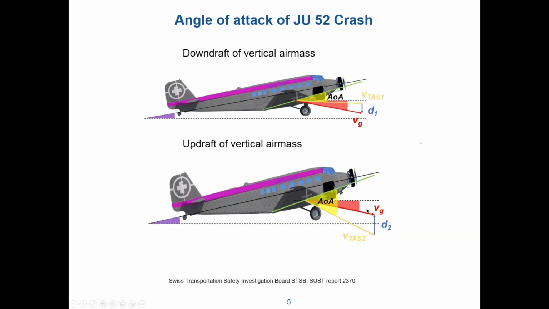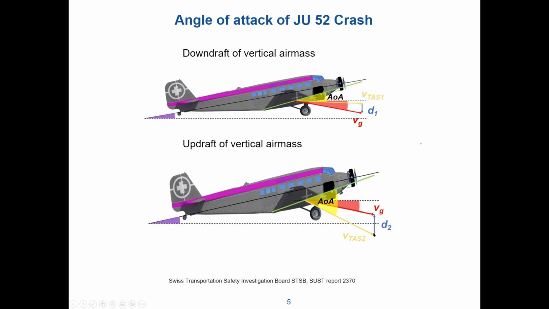We may safely assume that the ground speed here is about the same within a short interval of time. The burst, the gust here, causes the true airspeed to have this direction.